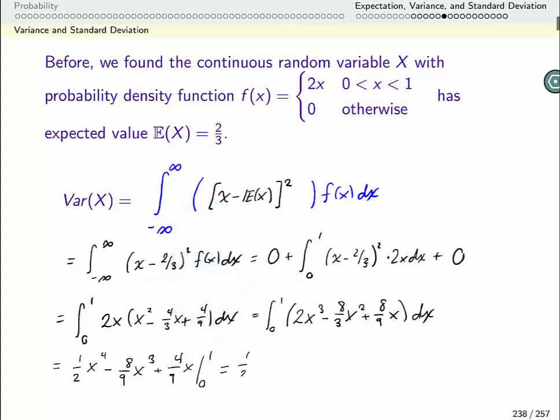The 1 case is 1/2 minus 8/9 plus 4/9. So this is 1/2 minus 4/9, which is (9 minus 8) over 18, which is 1/18. So the variance of this continuous random variable is 1/18.